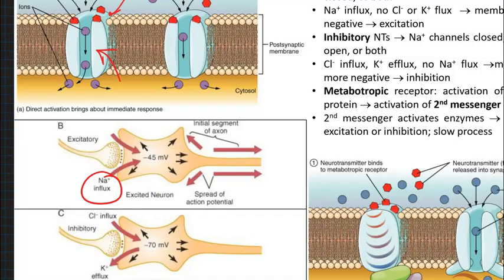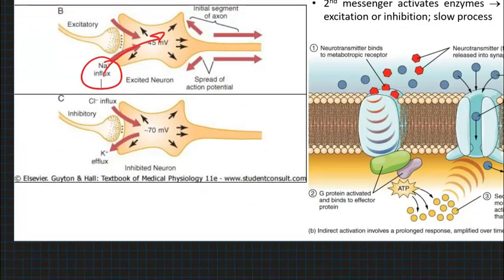If you open a receptor that lets sodium in, if it's open for sodium, you see what I'm saying? Then sodium will always diffuse into the cell because its concentration outside is greater. If you open a receptor for chloride, it will also diffuse into the cell because chloride concentration outside is also greater.